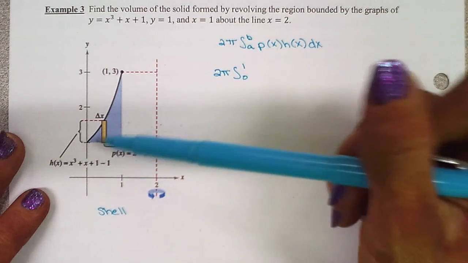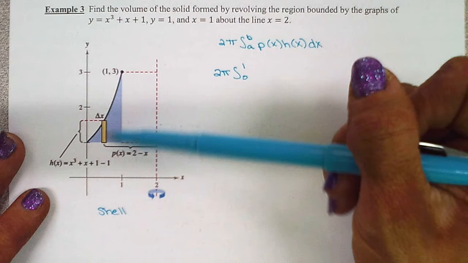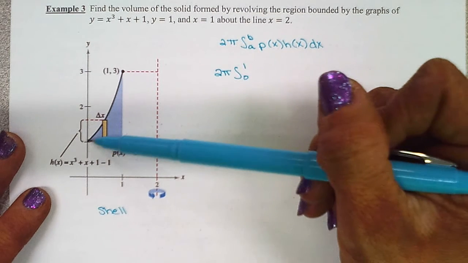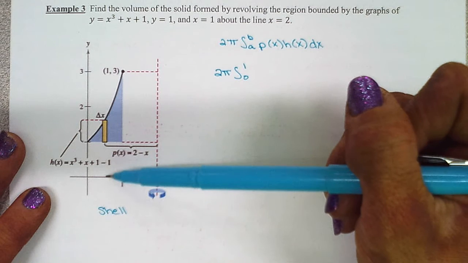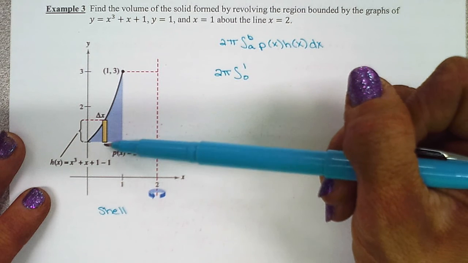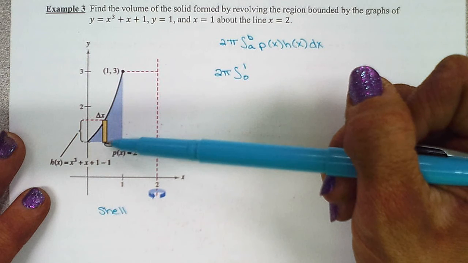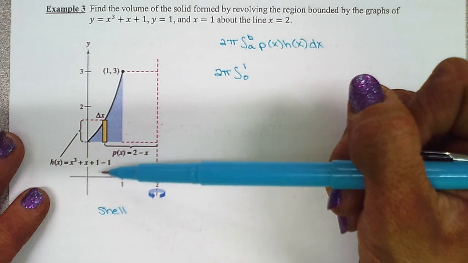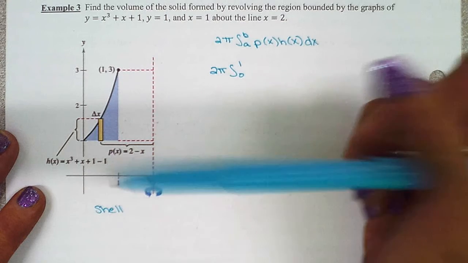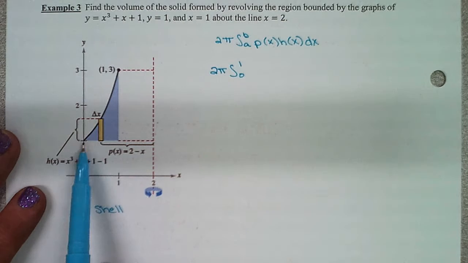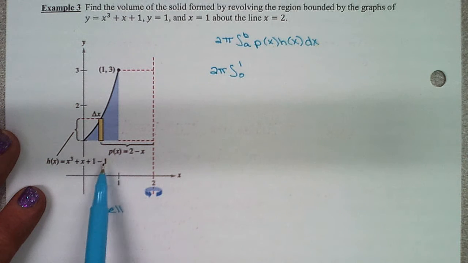As for our height, the height of this rectangle, to call it just this function here, would start from the x-axis and go up. But I have this piece here from 0 to 1 that I don't want to include. This is kind of like whenever you found the area in between two curves. I would have to take the upper minus the lower, and the lower here is going to be just this line, y equals 1.